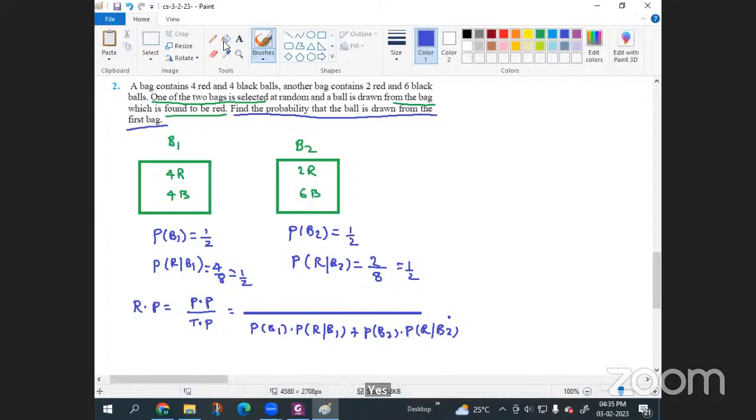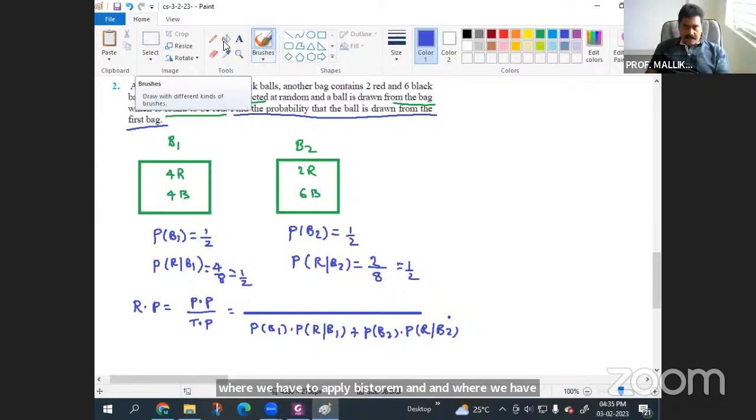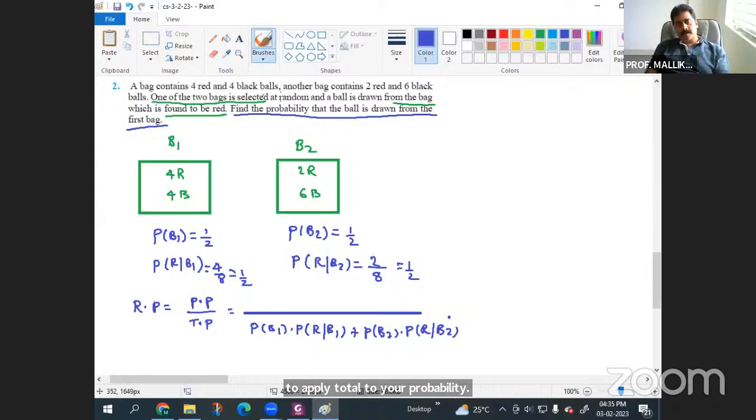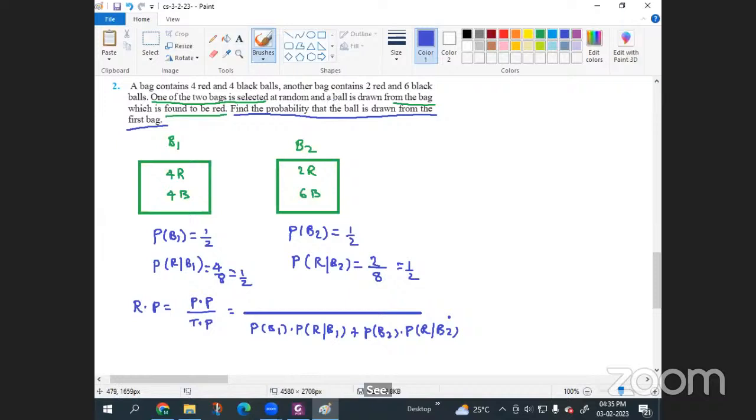Sir, I wanted to ask how we will get to know where we have to apply Bayes theorem and where we have to apply total probability. Yeah, Muskan, read the question, and once you read the question, I will tell you. The bag which contains 4 red and 4 black balls, and another bag which contains 2 red and 6 black balls.